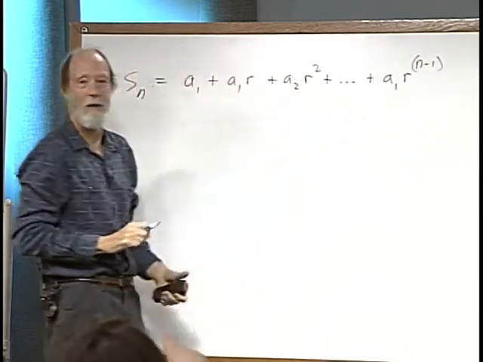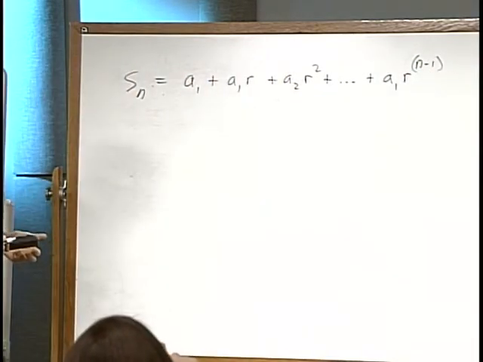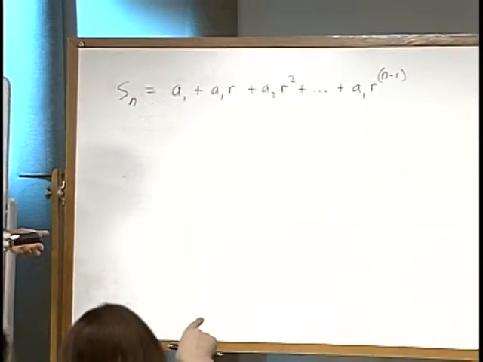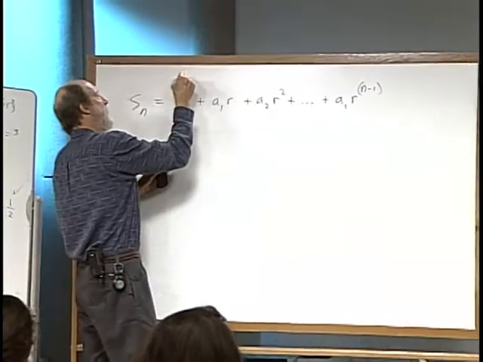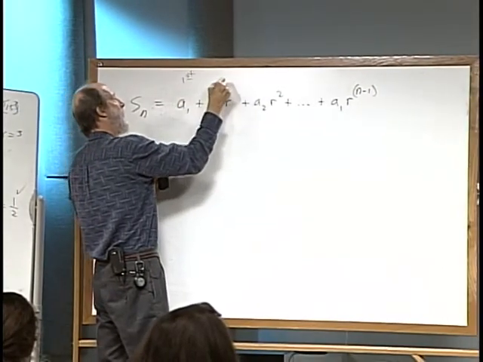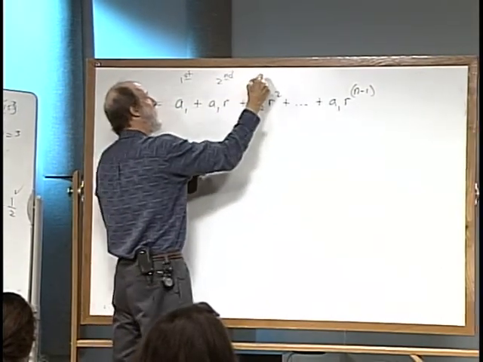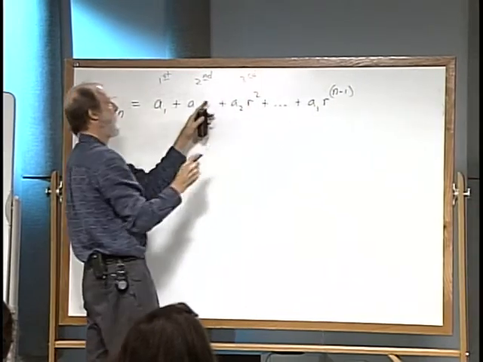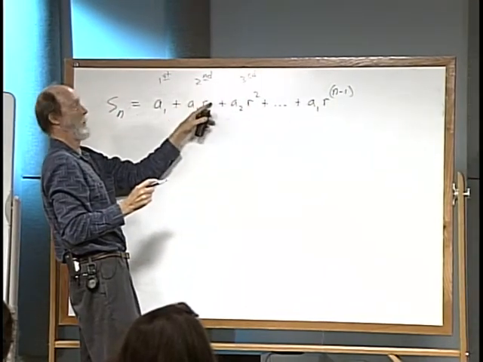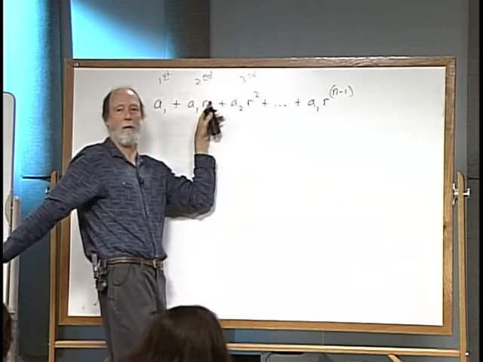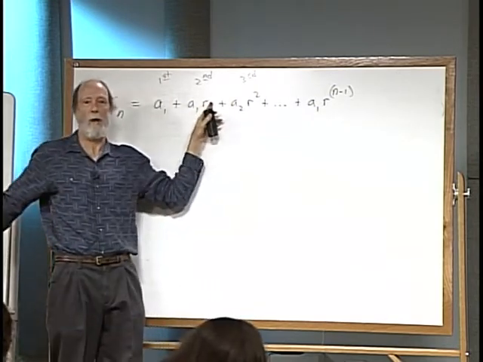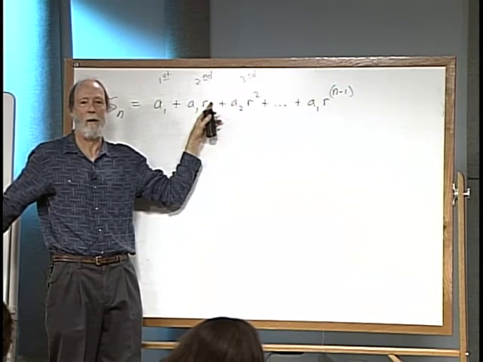Okay, so that second one is wrong. It should be a sub 1 r squared, right? It's always, we're on the second term, first, second term or second element, third, and the exponent on r is 1 less than the term you're on. So the next one's going to be r cubed, raised to the n minus 1 power.